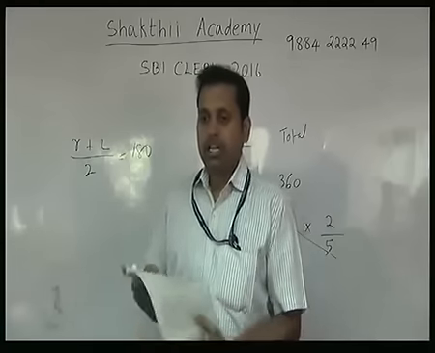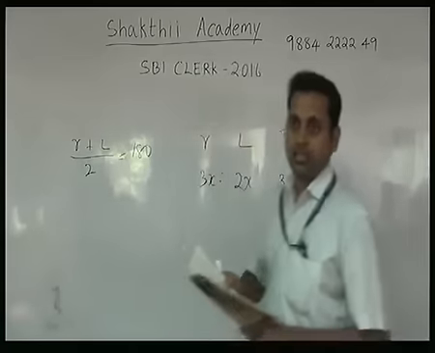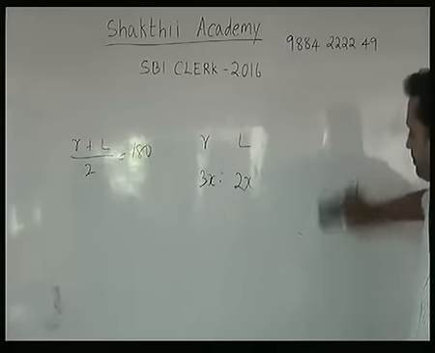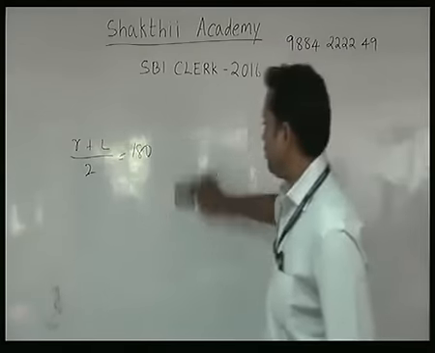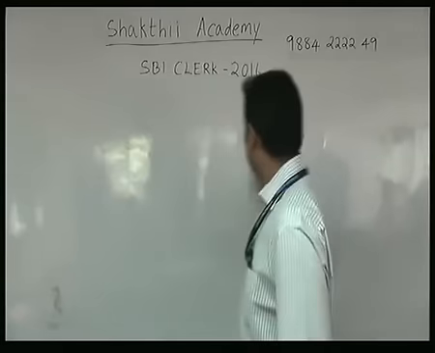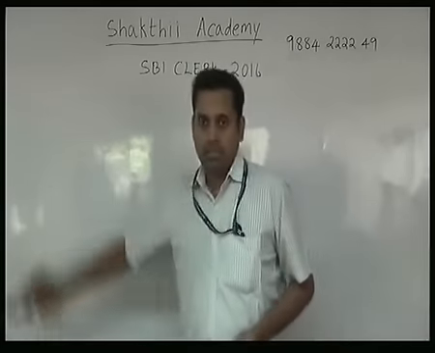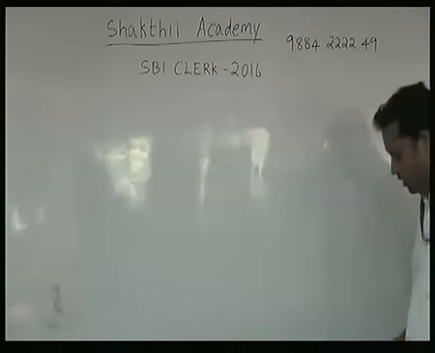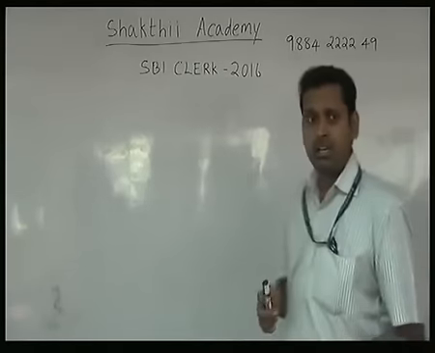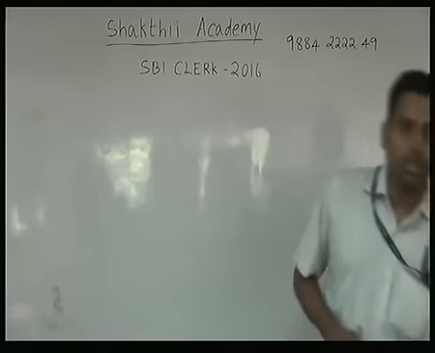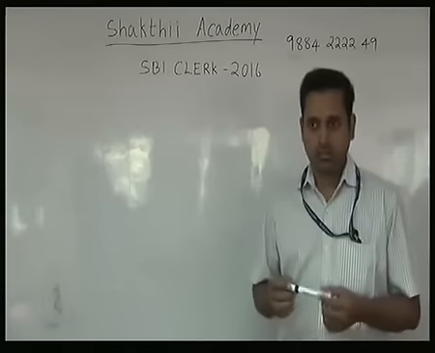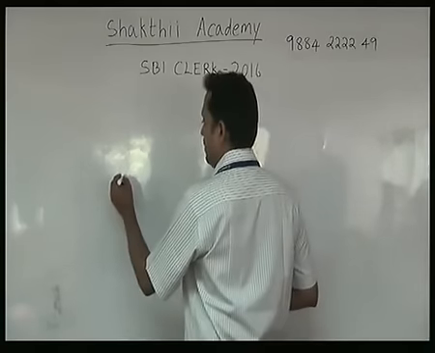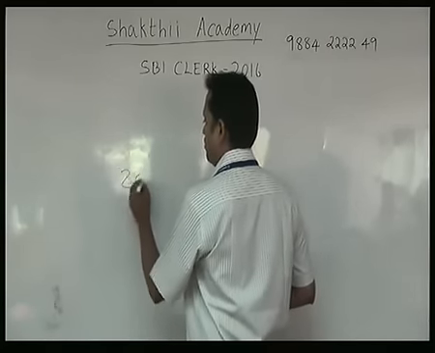Okay, now before that I will tell you one basic, because some may not be knowing the basics. Before you try to solve the sum, I will tell you the basics. For any number, not only ratio numbers, if I want to find out a percentage, suppose I have a number called 200.